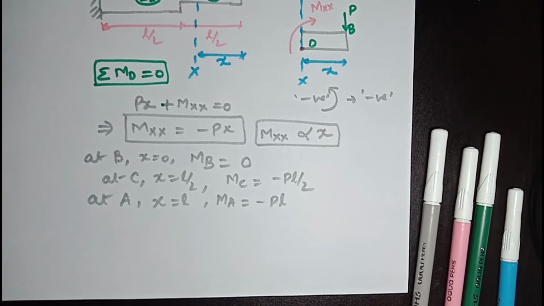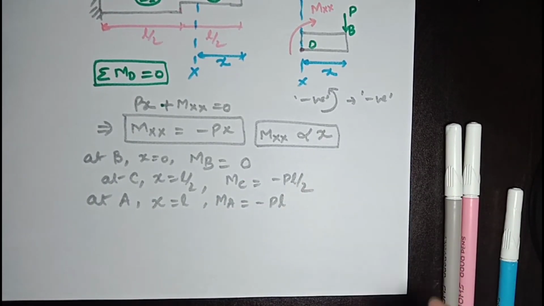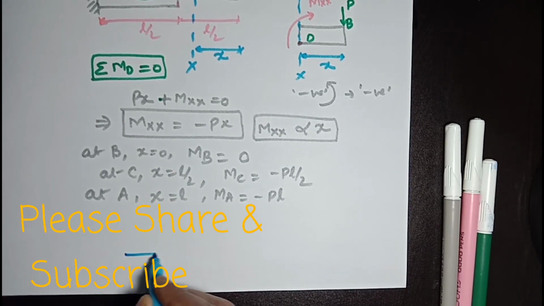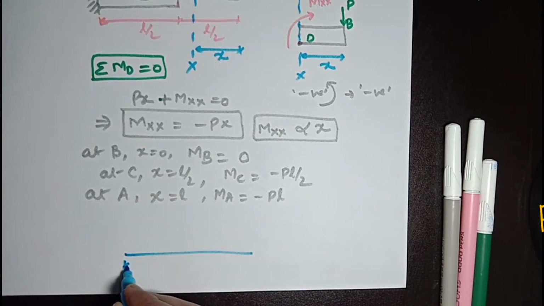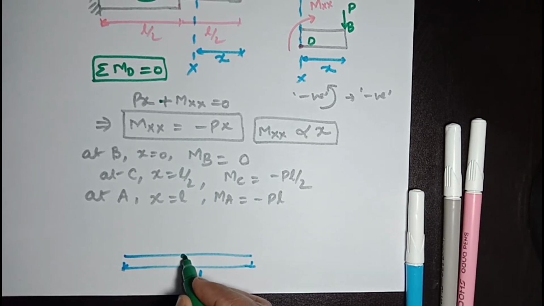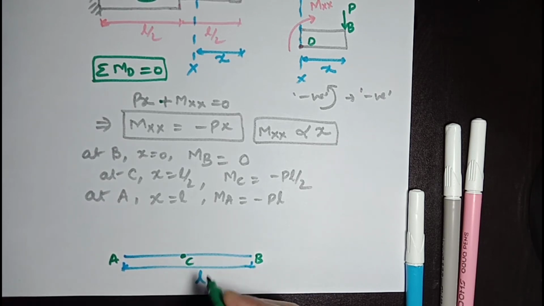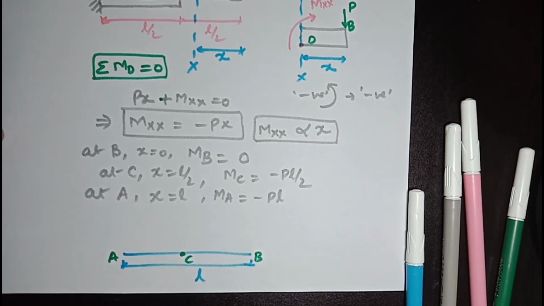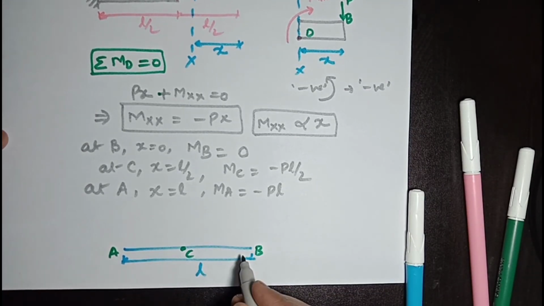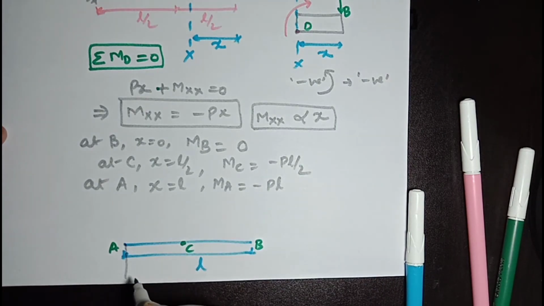The bending moment will be drawn here. It's linearly varying, so the base of this bending moment diagram has length L, and this point is A, this point is B, and this point is C. You can see here the bending moment is varying linearly from here to here.